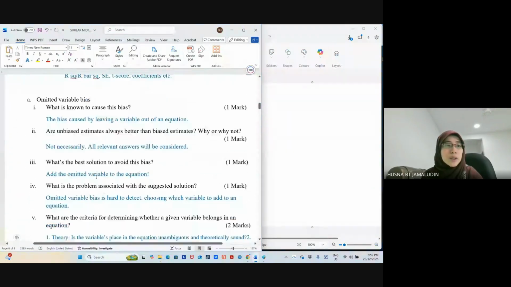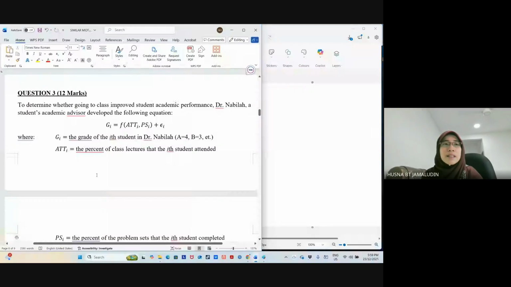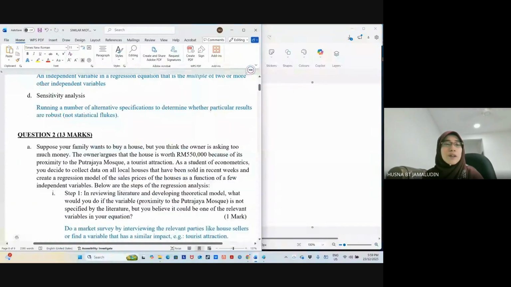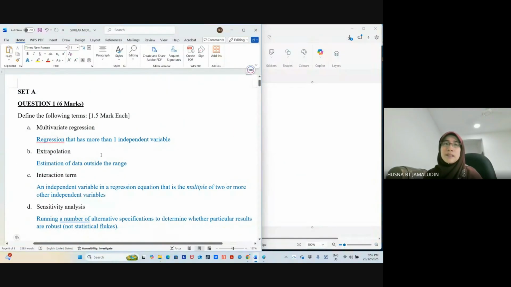Question 3 needs some thinking. You will see something like this in your midterm. You only have 3 questions. First is simple, meaning defining terms or true and false. Second is something straightforward, medium level. Third is slightly hard. And if you have a fourth, it will be hard.